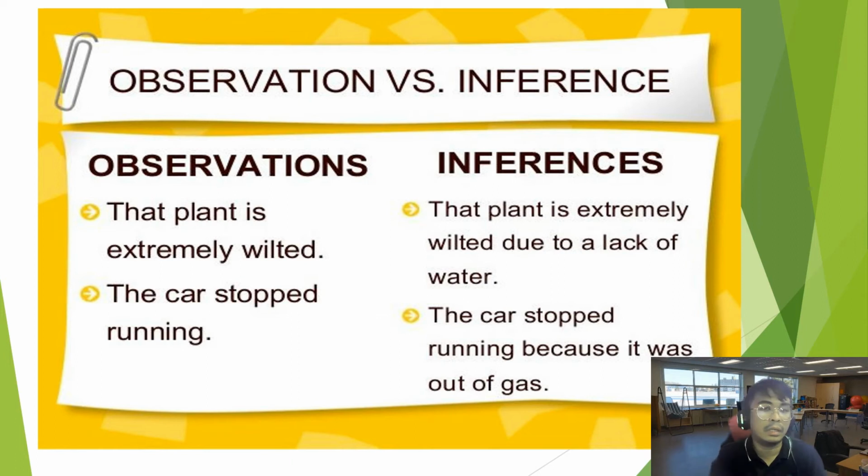Okay, of course there could be different scenarios that can happen to that car, but your inference is this one. So you are the one who comes up with an inference. So ikaw yung gagawa ng inference base dun sa observation mo. Because ito, yung experience na to, base sa kung ano yung alam mo dati na. Okay? So pwede natin masabi na nag-stop yung car because naplatan. That could be another inference rather. Okay? But in that case, that's also a true inference. Okay? Nag-stop yung car because nawalan siya ng gasolina.